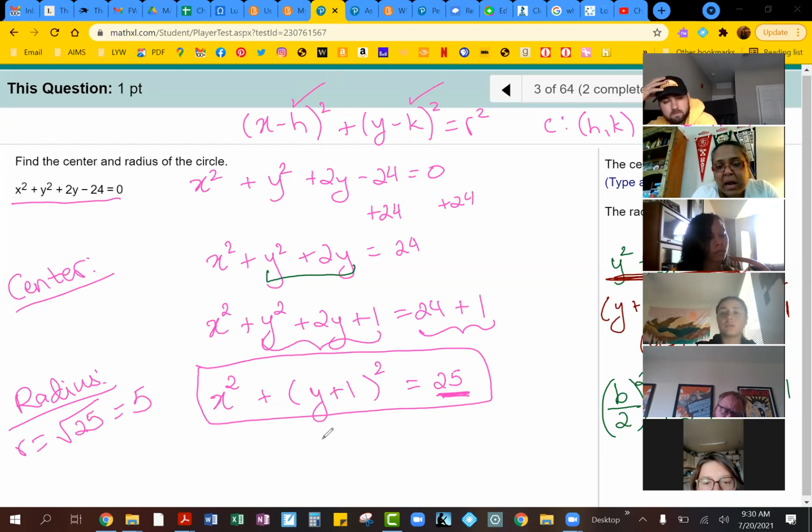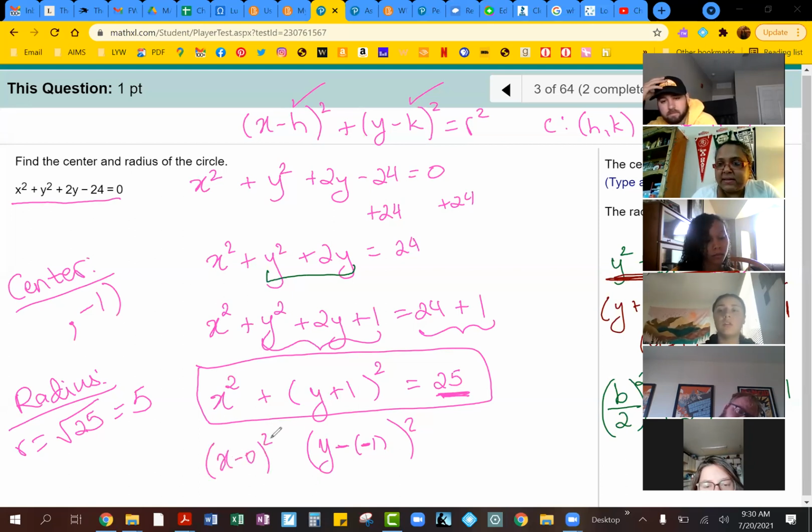So since you have y plus 1, technically that means you have y minus -1. So the number itself is going to be -1. And since you have only x squared over here, that means nothing is being added or subtracted from the x. And so that number is actually going to be 0.